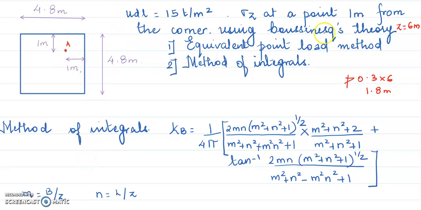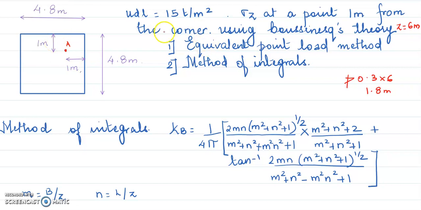So now technically speaking, if it is 1.8 meter, area of 4.8 by 4.8, you will have to divide it in minimum how many number of parts? Maximum we don't want, we want minimum parts which are allowed for this equivalent point load method. So 1.8 plus 1.8, 3.6 plus another 1.8, 1.8 into 3 will make it 5.4.